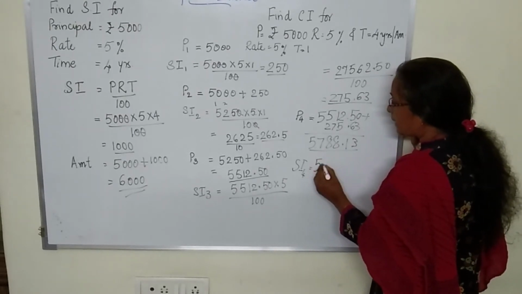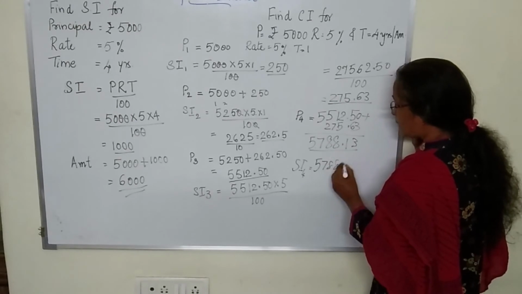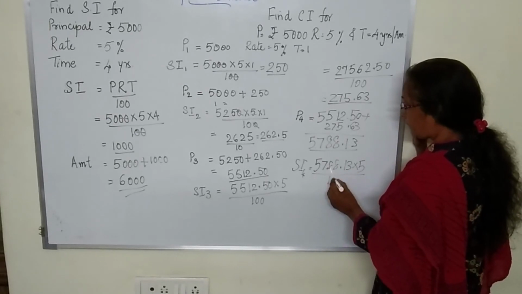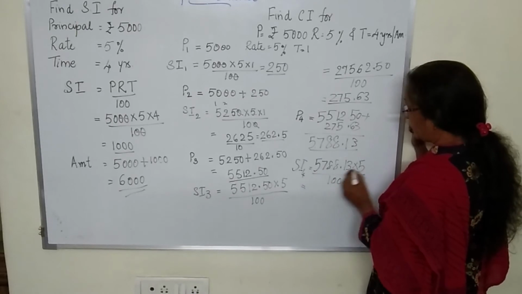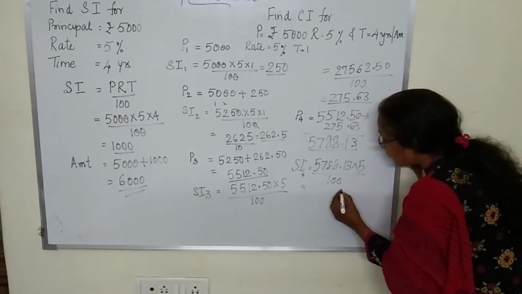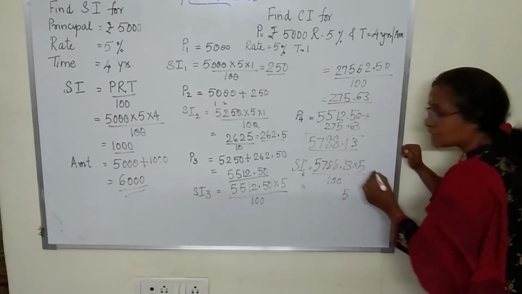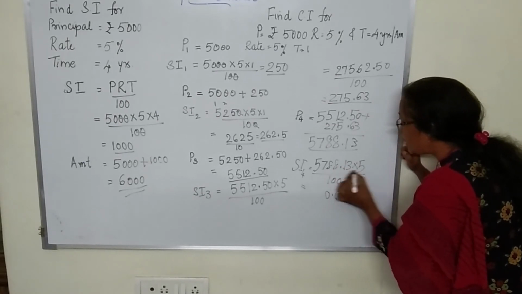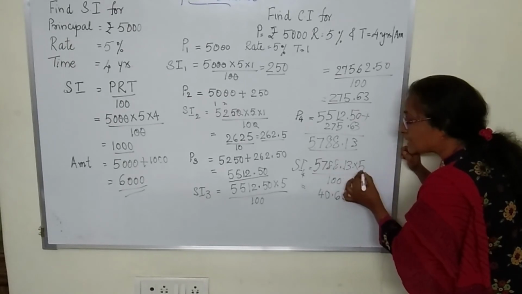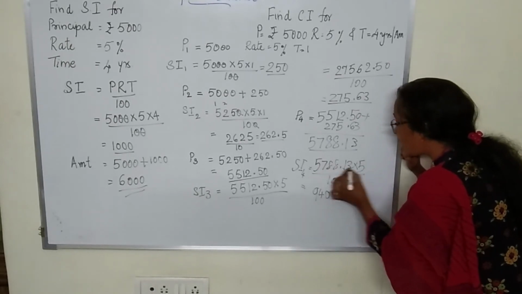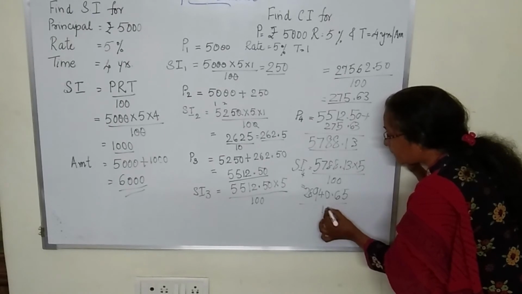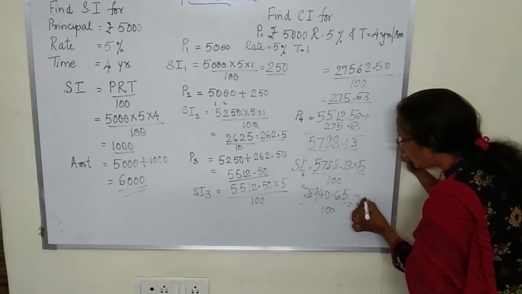That is 5,788.13 multiplied by 5 upon 100, which will be equal to, see, 3 5s are 15, 5 1s are 5 plus 1, 6, 5 8s are 40, 40 plus 4, 44, 7 5s are 35 plus 4, 39, 5 5s are 25 plus 3, 28 upon 100, which is equal to 289.41.